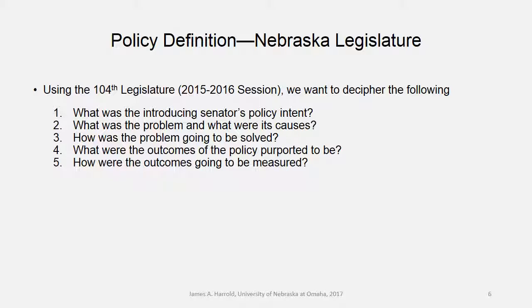We might look at graduation rates from high school. We might look at any number of things, but the point is there should be some form of measurement, whether quantitative or more qualitative, that in later years we can actually use to evaluate the effectiveness of the policy.